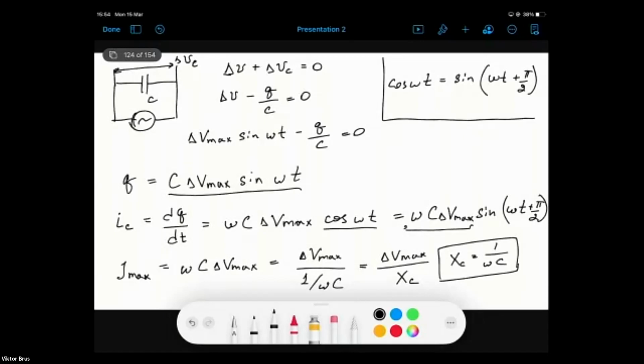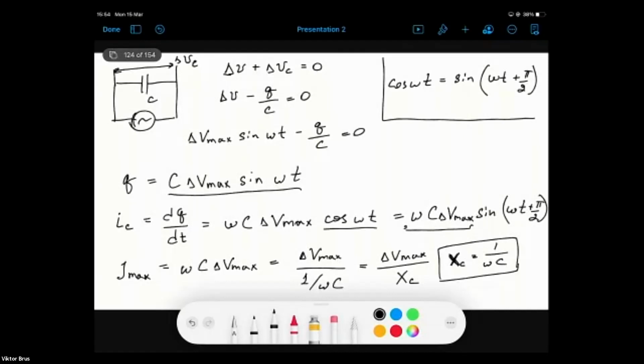Again, it depends on frequency, but what is important to understand is that capacitive reactance decreases with increase of frequency. We have this frequency in the denominator.